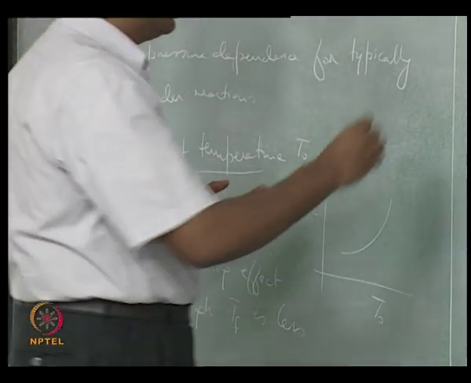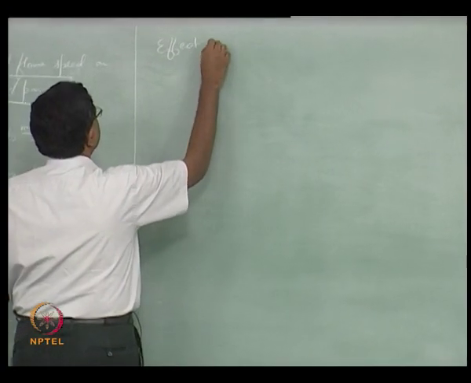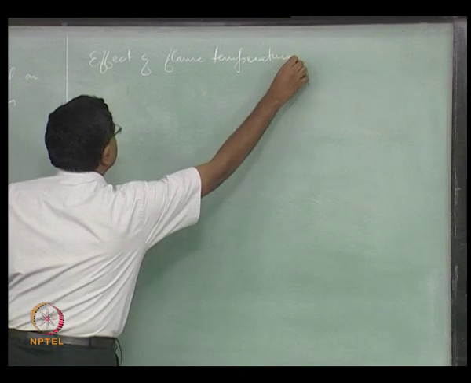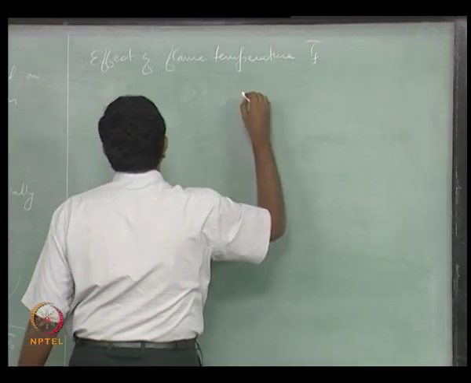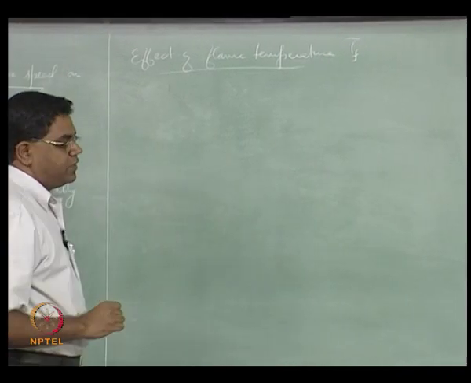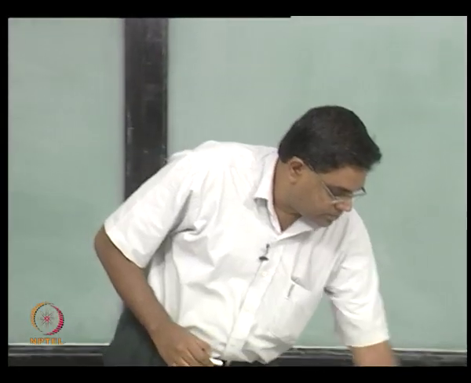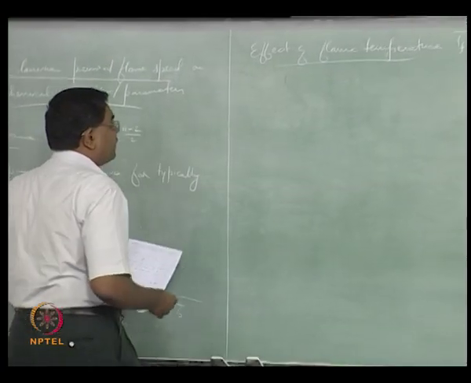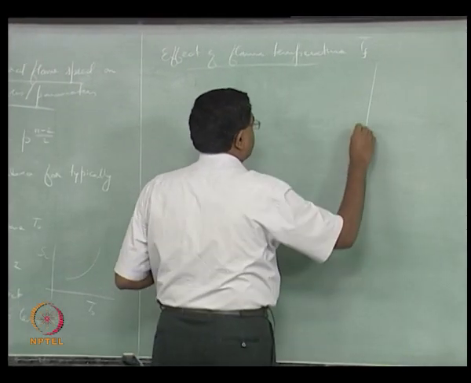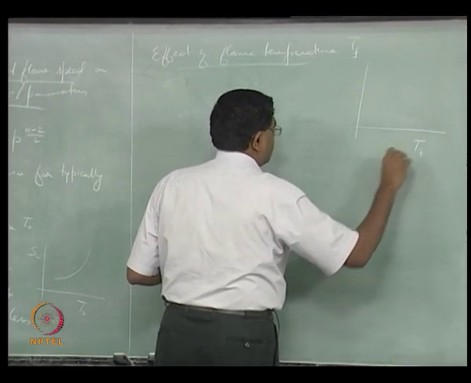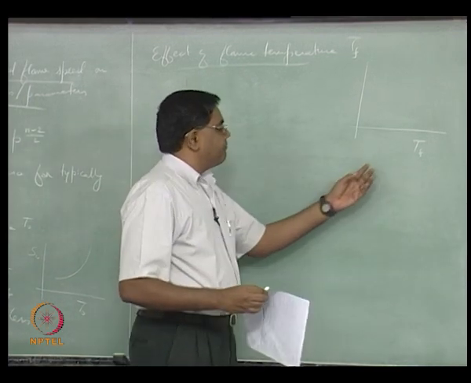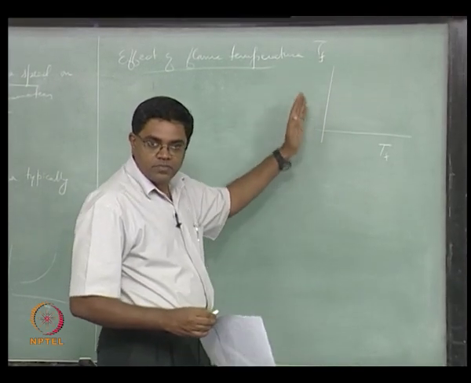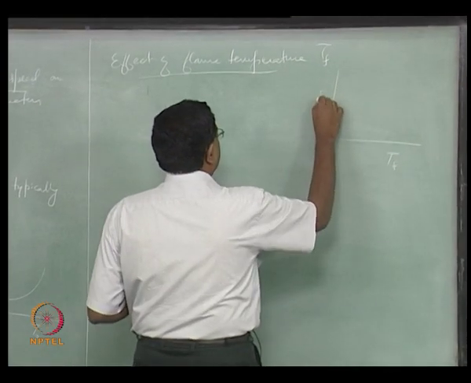If you now look at how Tf itself affects SL, that's the next thing we should look at: the effect of flame temperature Tf on SL is of course significant. Here what you will find is these curves are much steeper. If you look at Tf, we are essentially looking at different mixtures having different Tfs and what happens to the SL corresponding to that, keeping lots of other things constant.